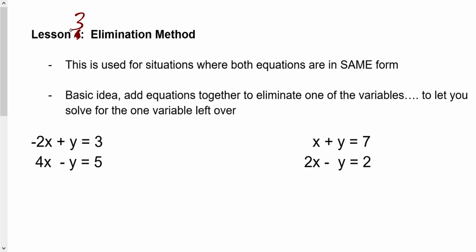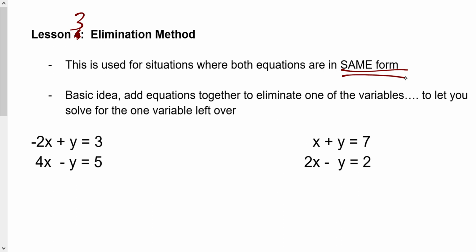Well, this is used for the situation where both equations are in the same form. And most of the time, we say, hey, it's in standard form. That lends itself to a perfect elimination method setup. The basic idea is that we need to add the two equations together, and it gets rid of one of the letters.